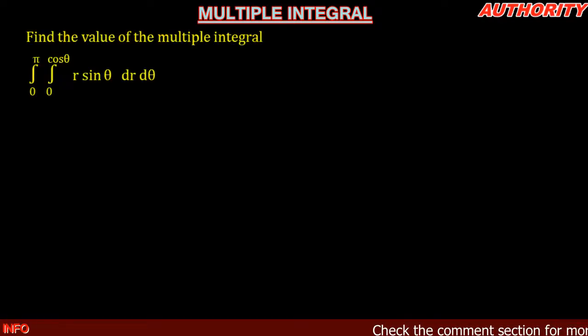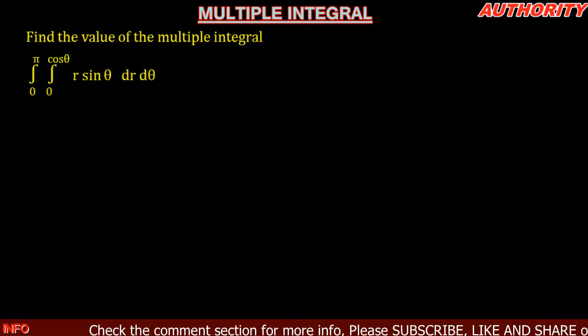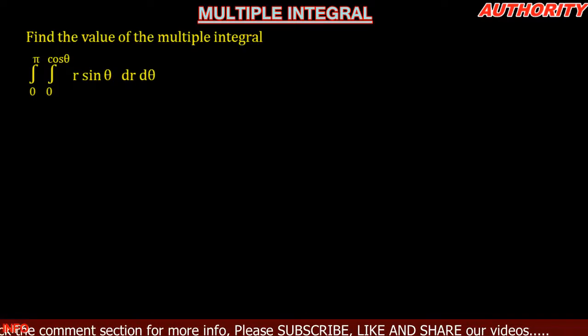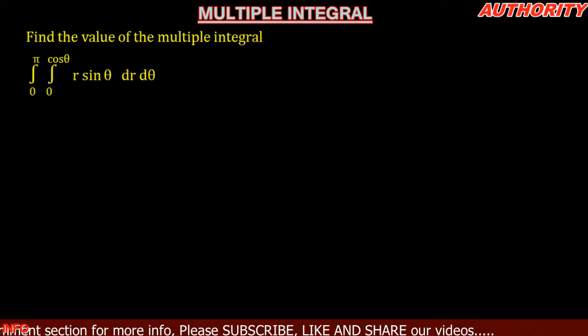Find the value of the multiple integral, the integral over the range 0 to pi, and the integral over the range 0 to cos theta, of r sine theta dr d theta.